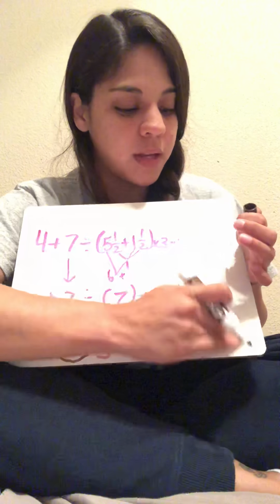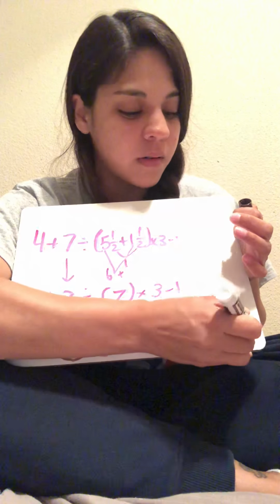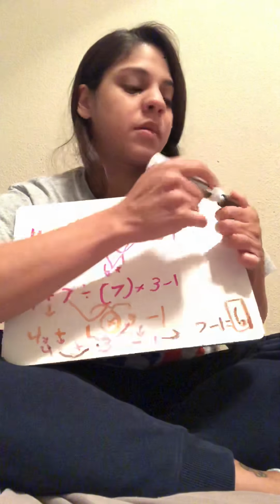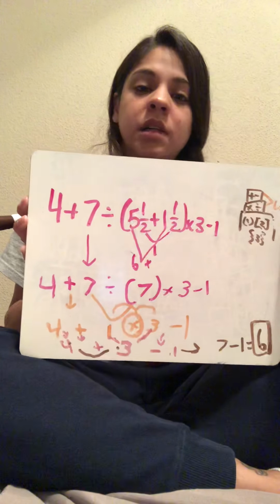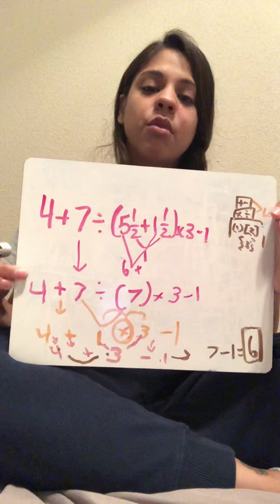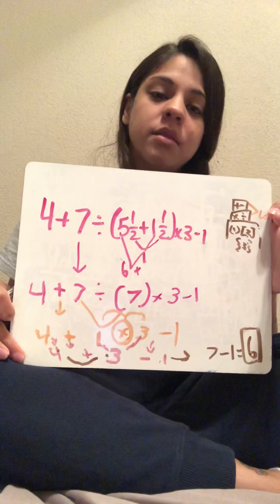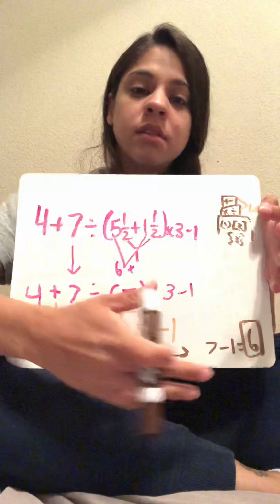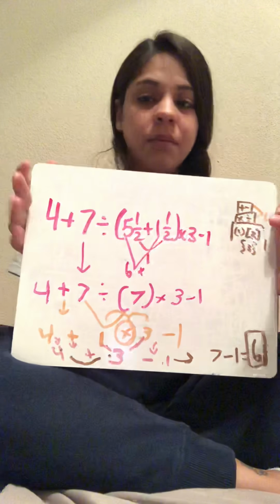Let me go ahead and erase it so you can see it better. And if you notice, I rewrote every single step, even the last one. So you should too.